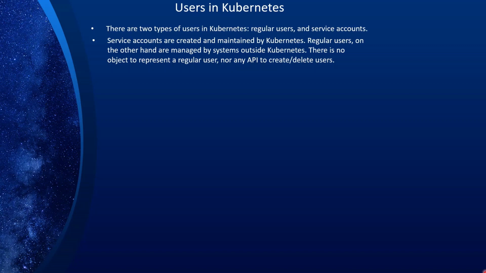As we mentioned in the previous screen, the users could be in client certificates if you're using X509 certificate authentication, or in OpenID Connect infrastructure, or could be in LDAP or some other external providers. There is no object to represent a regular user, nor any API to create and delete users. So keep in mind that Kubernetes really does not maintain people.